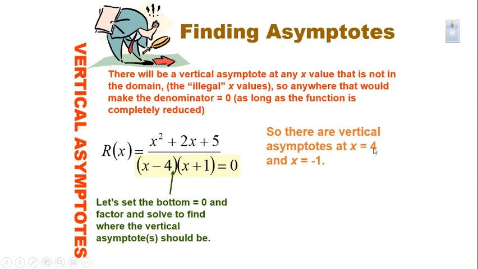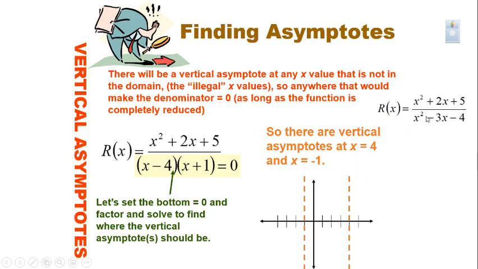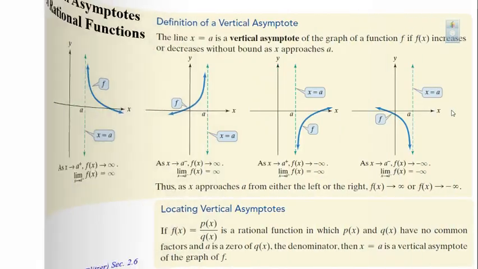When I plug in 4 into the function here, I get 4 squared plus 8 plus 5. That is not going to be 0. So x equal to 4 is also a vertical asymptote. So the two vertical asymptotes for this graph would be x equal to -1 and x equal to 4. And I've just put this here to remind us of what the original function was.